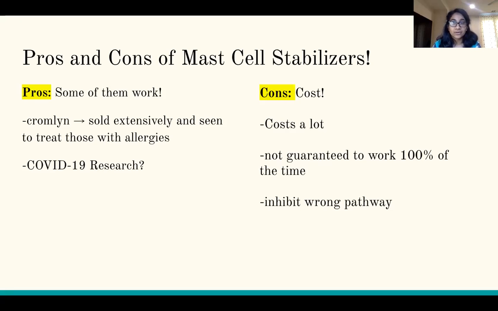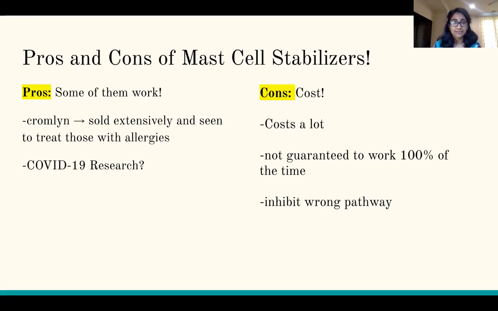I know with the whole COVID-19 situation going on, a lot of people are interested in COVID research, and I know a lot of people in the biology club who are doing COVID research. So I thought I'd add a little snippet of what I found. I haven't gone into depth on this, but I think mast cell stabilizers can also have an effect on inhibiting the COVID-19 virus in some way.